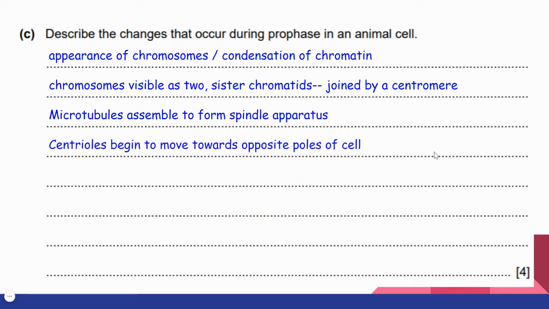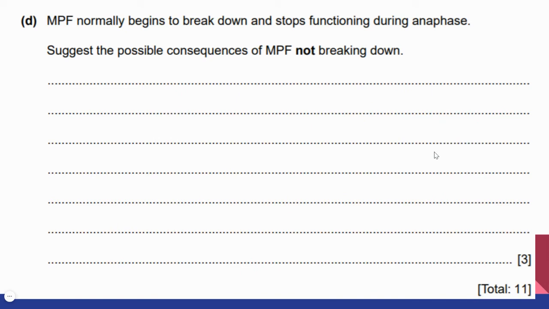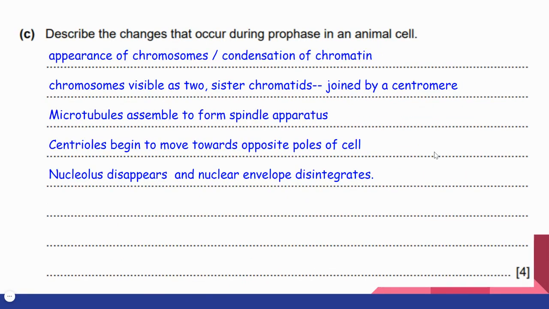And these centrioles, which are now two in number, begin to move to opposite poles. The nucleolus will start to fade away or disappear, and the nuclear envelope also disintegrates. So these are the 4 to 5 key events. This is a 4-mark answer, so make sure you have at least 4 of these points about prophase.